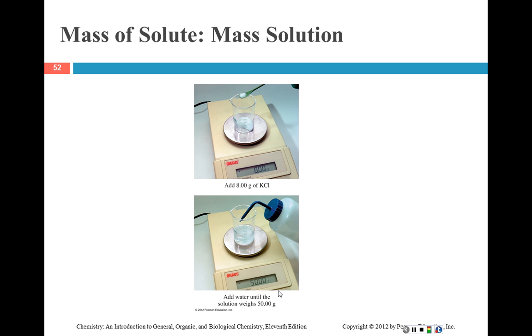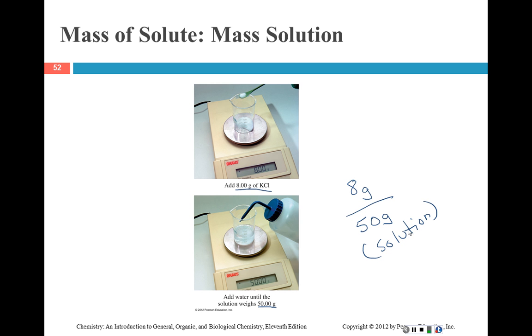And the way you do that is you are going to weigh out a solute, and in this case they have weighed out 8 grams of KCl, and then they're going to add water to that until it weighs 50 grams, and so that's going to give you 8 grams of KCl per 50 grams of solution, right?